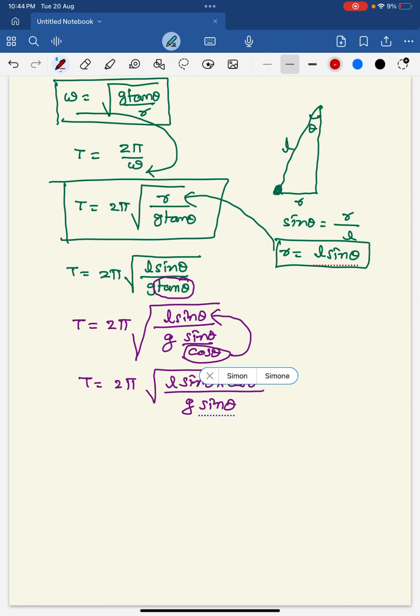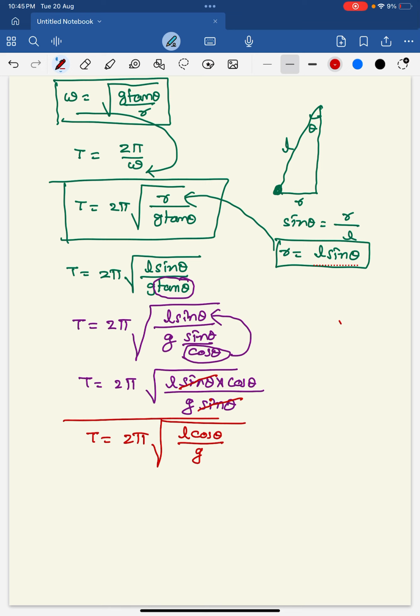Look at this equation carefully. Sine theta is in the numerator and sine theta is also in the denominator, so sine theta cancels. Therefore T is equal to 2 pi root L cos theta by g.